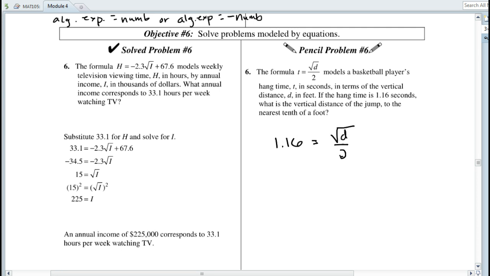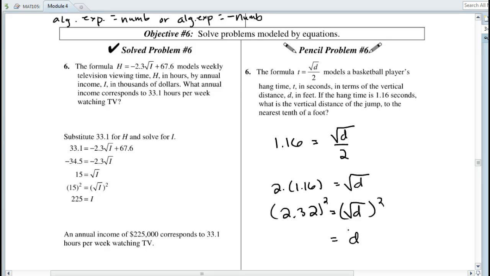Nothing too spectacular here. So multiply both sides by 2, so we'll get 2 times 1.16 equals the square root of d. So here we'll get 2.32 equals the square root of d, and then we just square both sides to get the distance that he jumped from in feet.